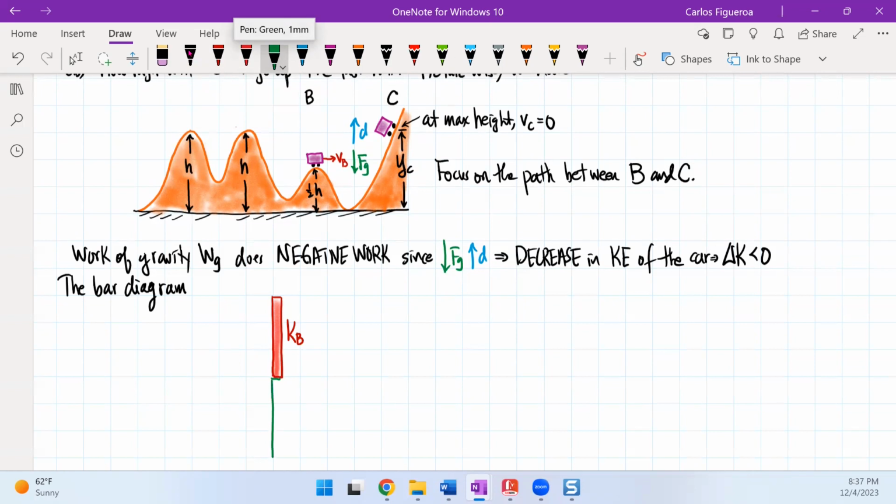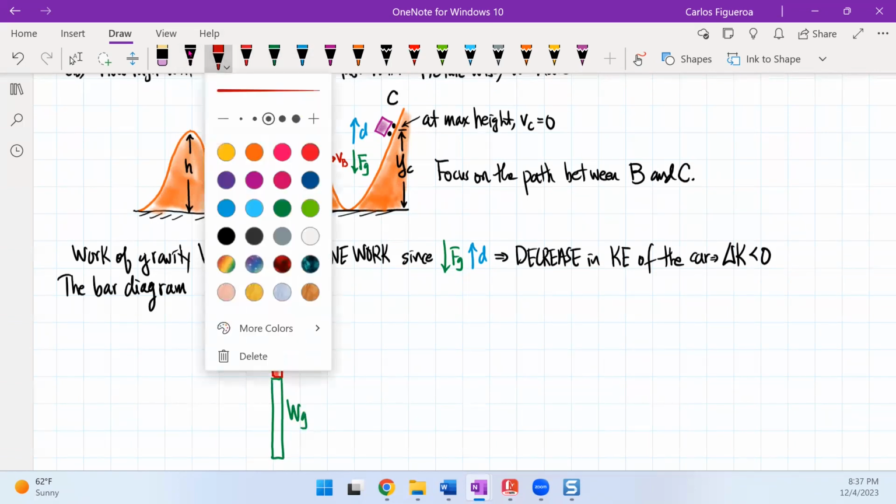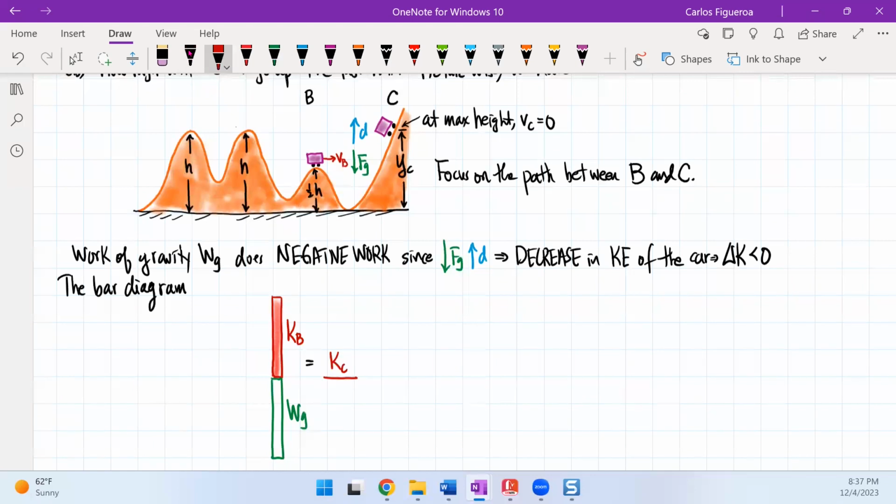It has to change this kinetic energy in such a way that the work done decreases the kinetic energy to be 0. So from the work energy theorem, the kinetic energy at B minus the work of gravity, this work changes the kinetic energy to be 0.